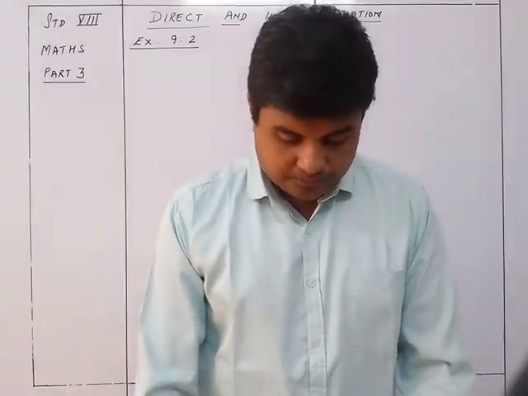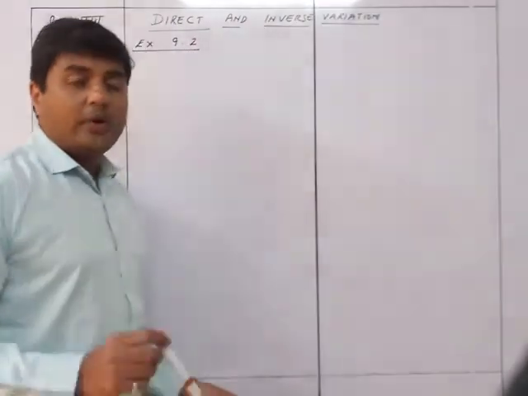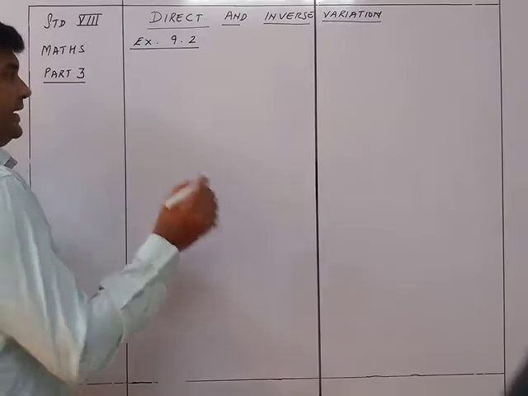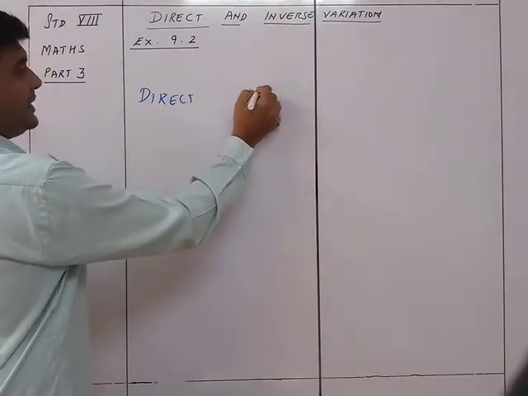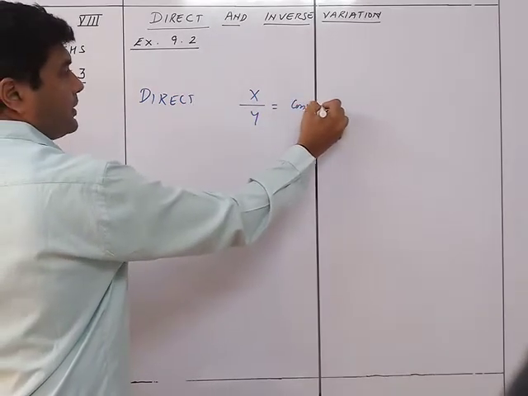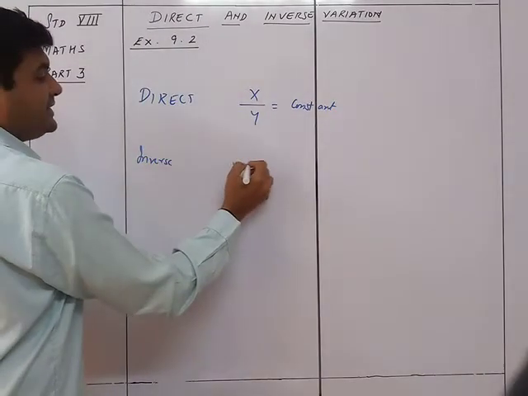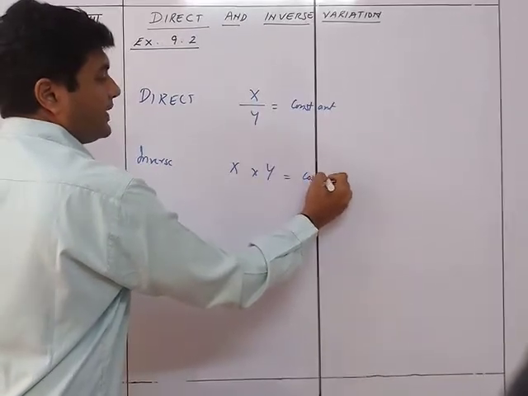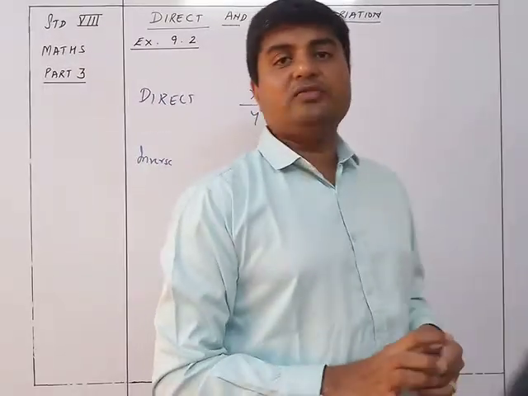Okay, so as I told you, in case of inverse variation, what you are going to have is straight multiplication. See, in case of direct variation, x upon y was constant. Here in case of inverse, x into y will be constant. For different values of x and y, the product of x and y is going to remain the same.